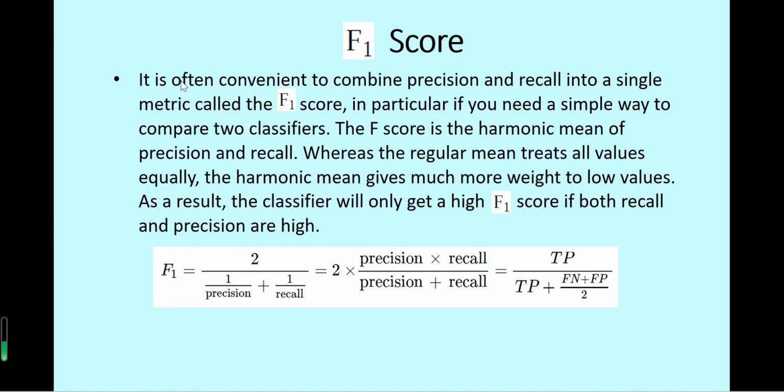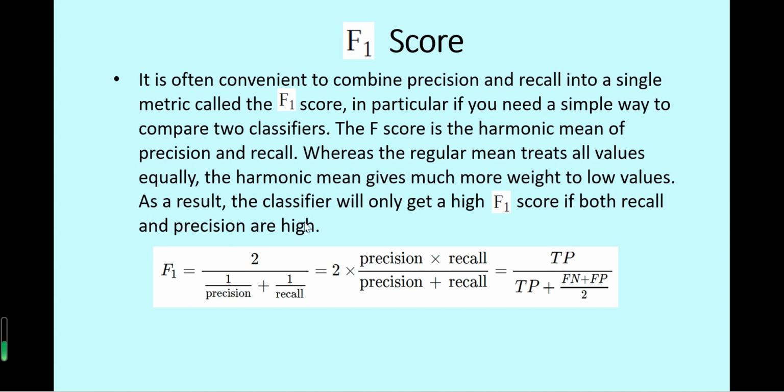So there's another score called the F1 score, which combines the precision and the recall into a single metric. In particular, if you need a simple way to compare two classifiers, the F1 score is the harmonic mean of precision and recall. Whereas the regular mean treats all values equally, the harmonic mean gives much more weight to low values.